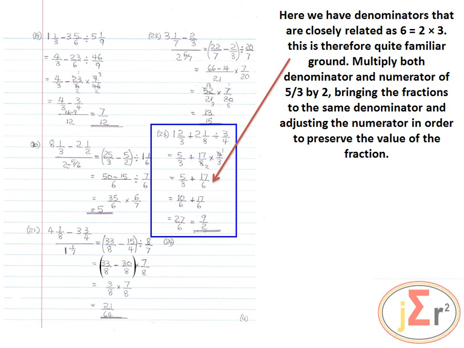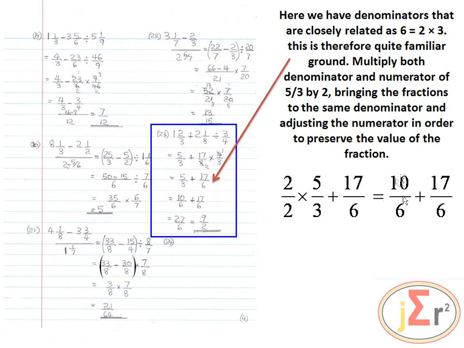Multiply both denominator and numerator of 5 over 3 by 2, bringing the fractions to the same denominator and adjusting the numerator in order to preserve the value of the fraction. So this is quite familiar. Denominator is 6, this one is 3, so 3 twos are 6, multiply the numerator by 2 also. So there we have it. So we'll have 10 over 6 plus 17 over 6.